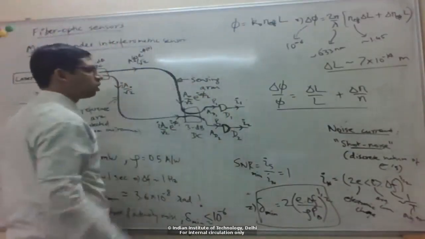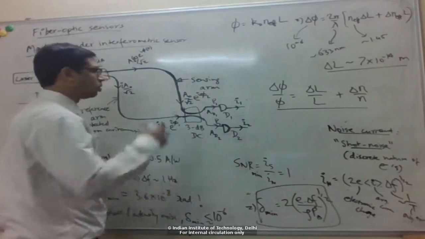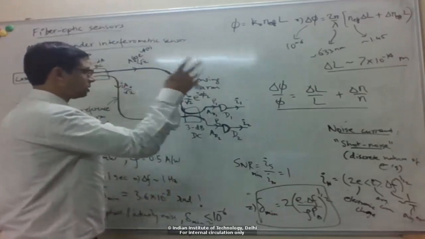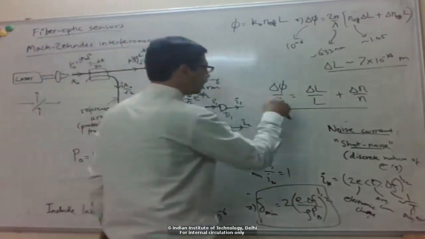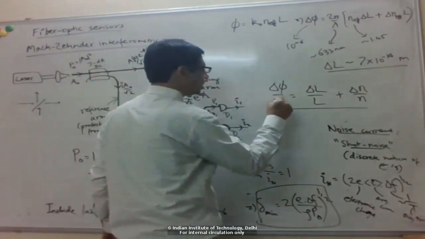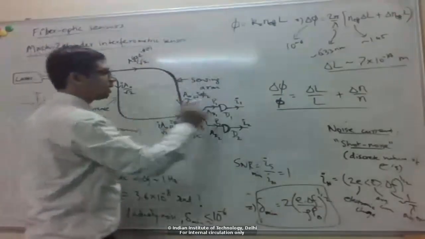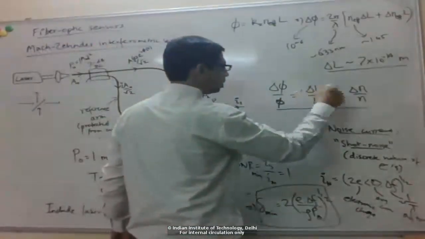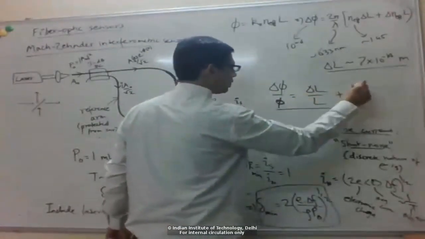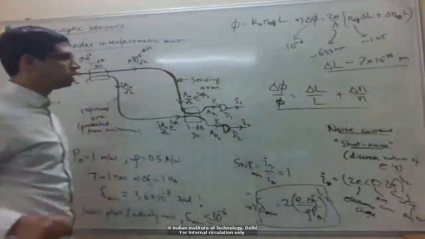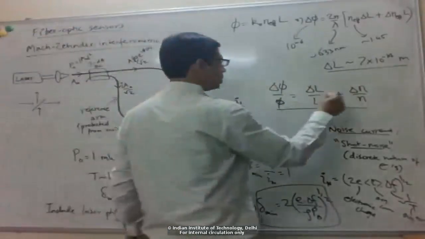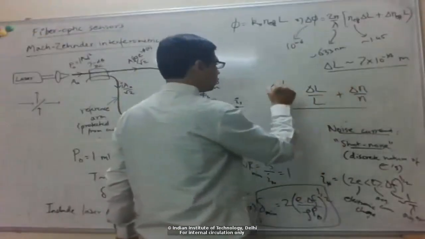Depending on the particular quantity we want to sense, again it could be pressure, temperature, pH, whatnot, that change in the quantity could give me a change in the length of the fiber, delta L, or it could give me a change of refractive index that the mode sees, or both. So the contributions of both of these would add up to give me the phase change.